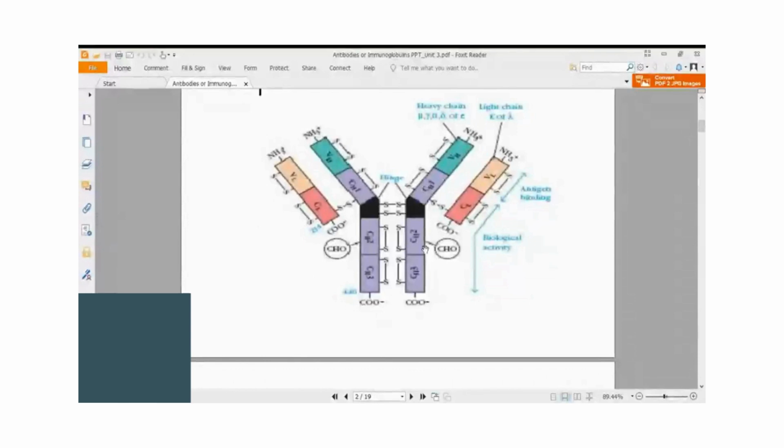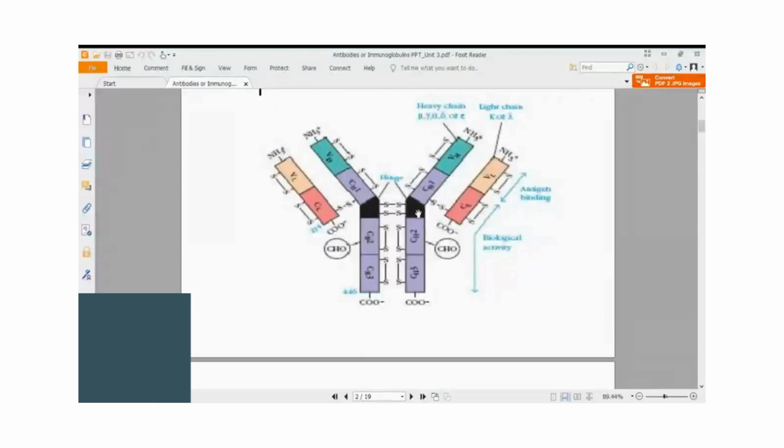So for the time being, keep in mind the immunoglobulin molecule consisting of the heavy chain region and light chain region has a hinge only in IgG, IgA, and IgD. These three antibodies have the hinge region, and IgM and IgE do not. Instead, they have one additional CH domain.